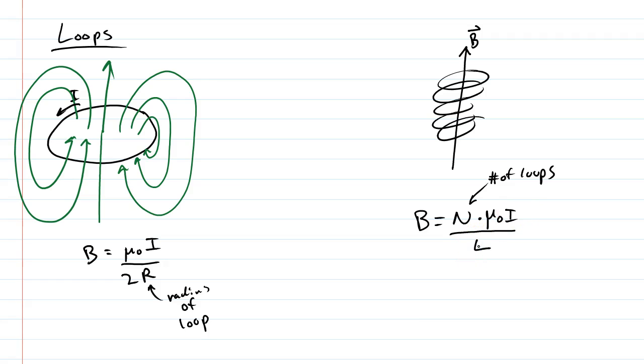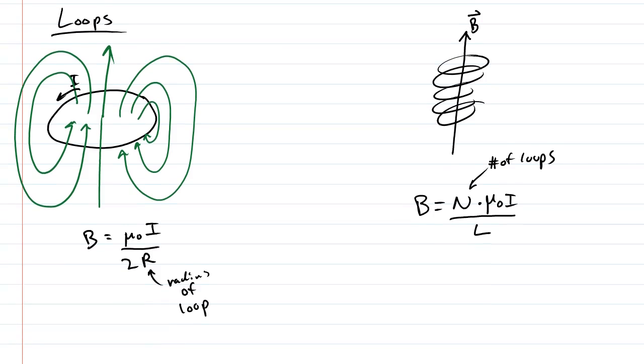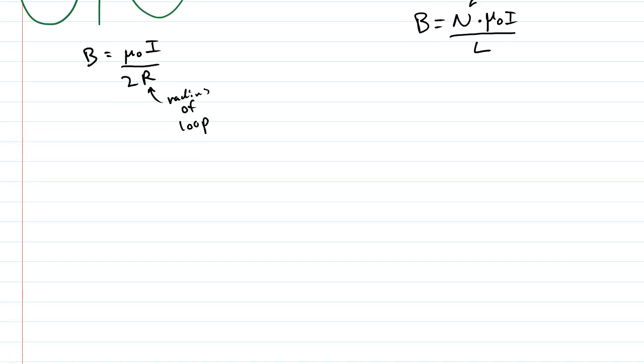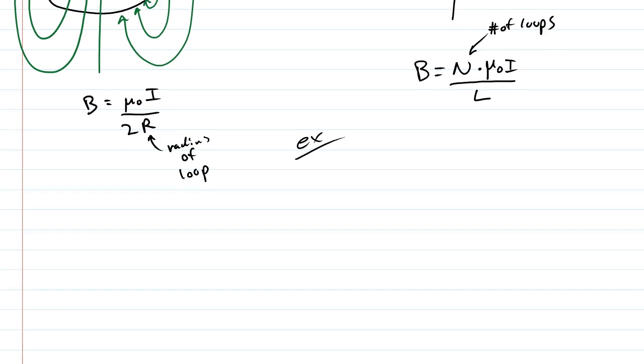So what I want to do now is an example of the electromagnet that we did in class. For our electromagnet, we had a number of coils of 42.